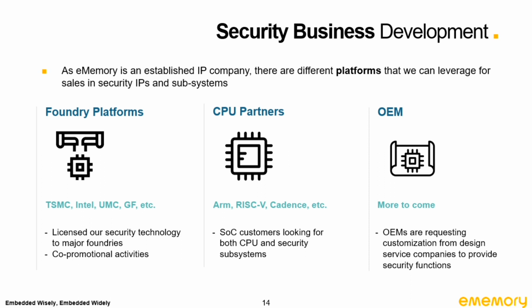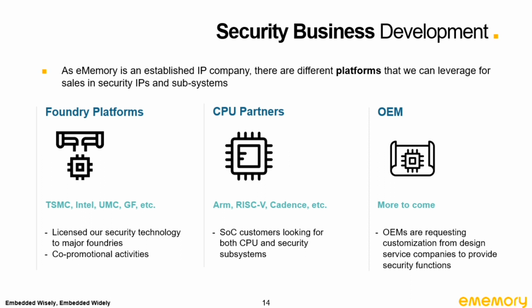And the second platform is CPU partners. We recently announced our cooperation with CPU partners such as ARM and RISC-V by providing a security subsystem to integrate with the CPU IPs in many applications. SoC customers require CPU and security subsystem IPs.